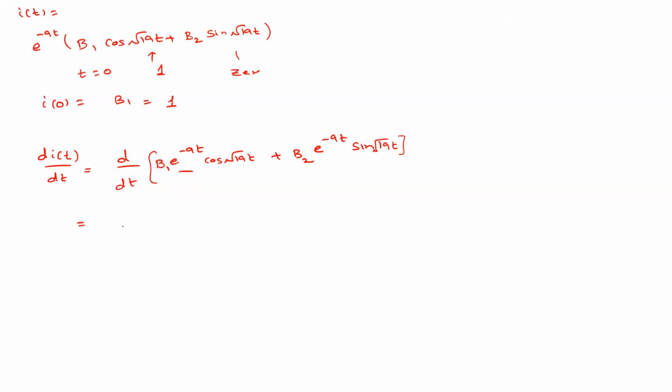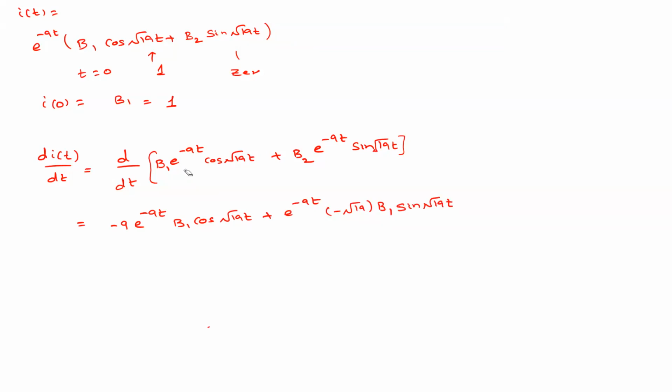The first term is, if you differentiate the exponential, minus 9 into e to the power of minus 9t, into B1 cos root 19t. This is the first term, right? What is the second term? e to the power of minus 9t, minus root 19 B1 into sine root 19t.